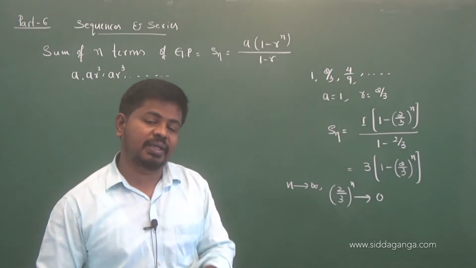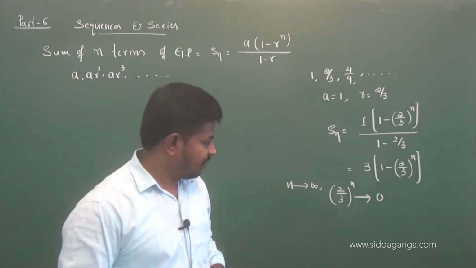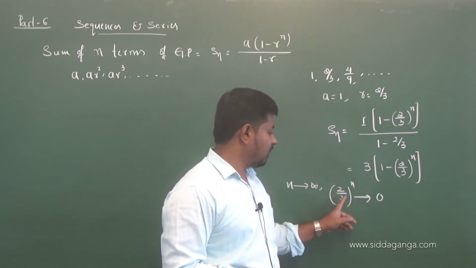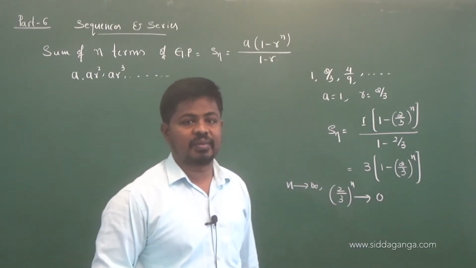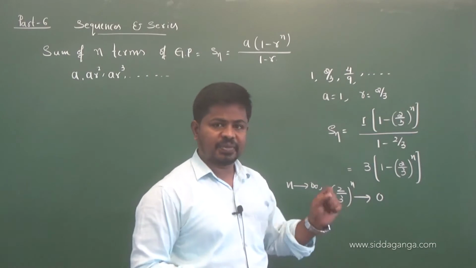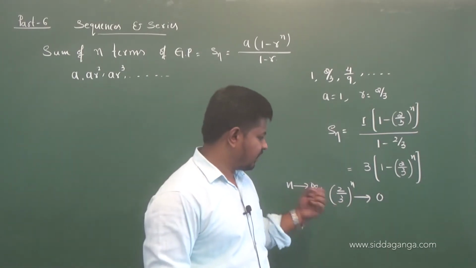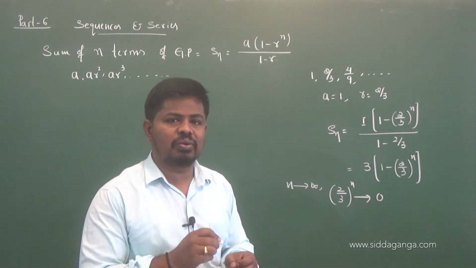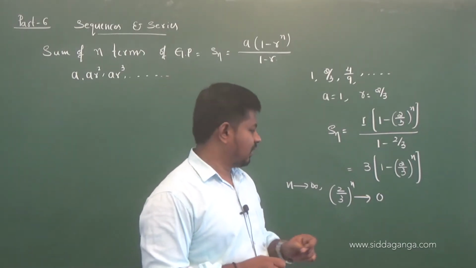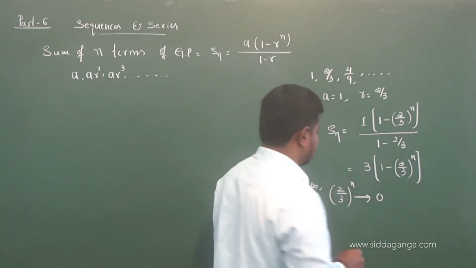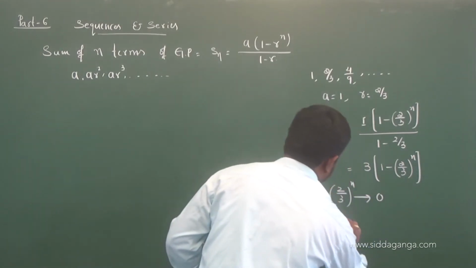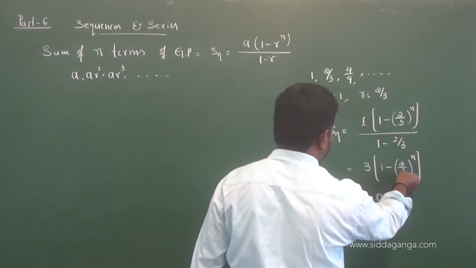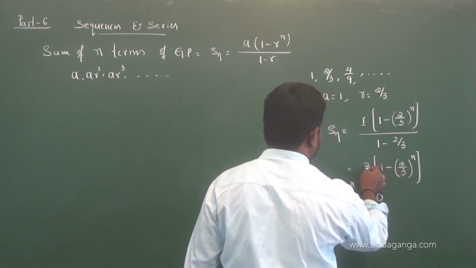You can check this. The value of this becomes closer and closer to 0. So consequently Sn becomes 3 into 1 minus 0, we can take it as 0, so 3 into 1, that gives 3.